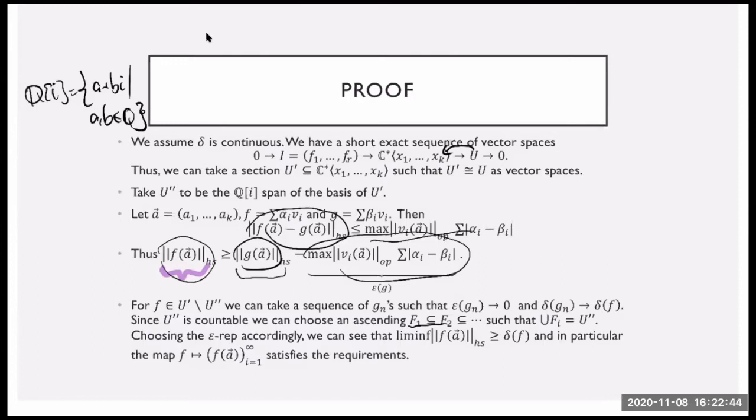So first of all, take an ascending sequence of finite sets whose union is U double prime. For any f that lives in U prime and does not live in U double prime, take for any f_i a one over 2 to the i epsilon representation that separates it.